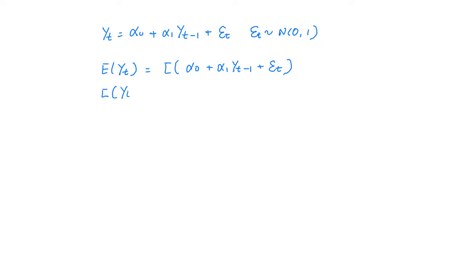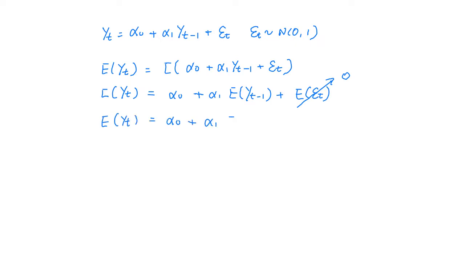And we know that yt is going to look like this. And the last part, as we know, will become 0. So E[yt] will become alpha naught plus alpha 1 E[yt minus 1].